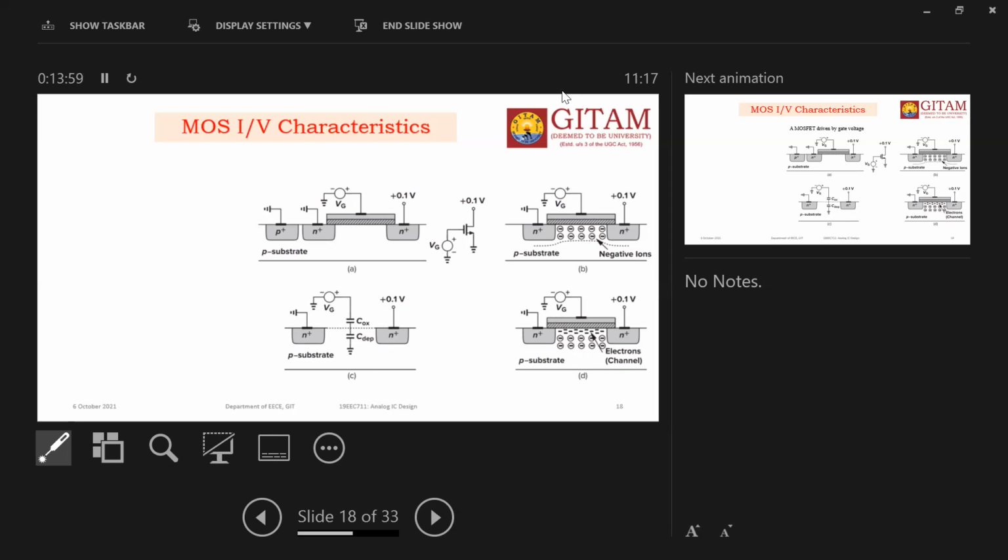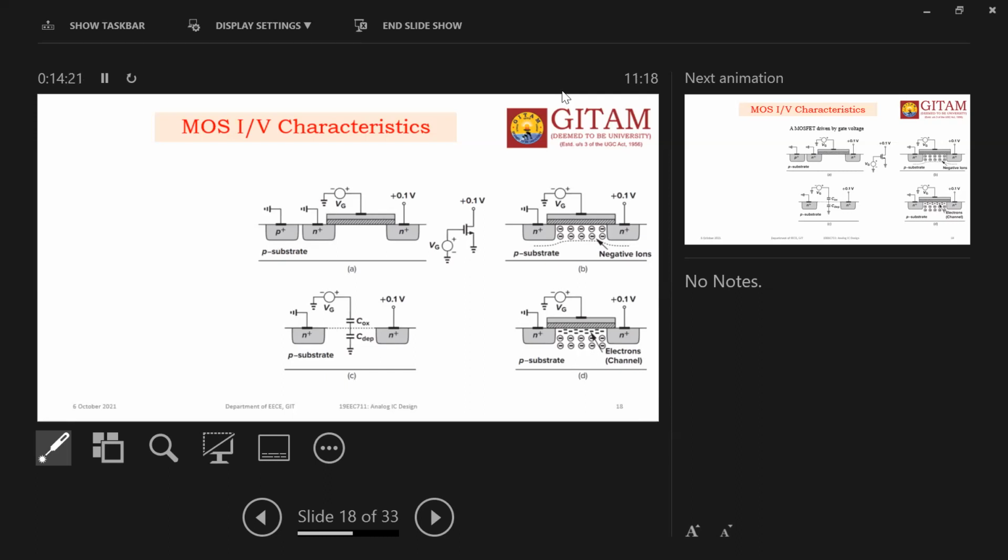Whereas in the case of the enhancement MOS transistor, there is no channel present. So we need to create a channel. We need to establish the channel between the source and drain. If source and drain are N-type, the channel must be N-type. If the source and drain are P-type, the channel must be P-type.